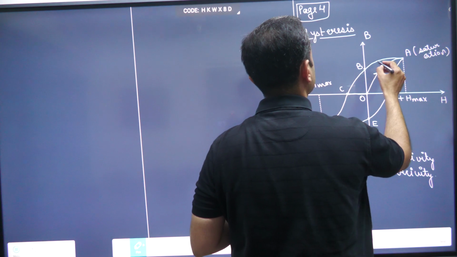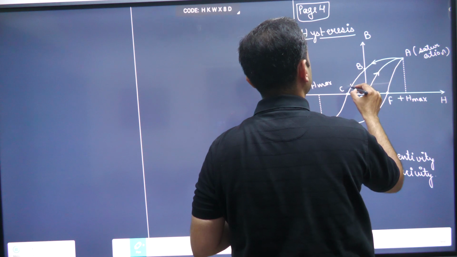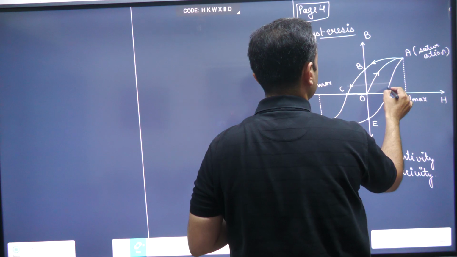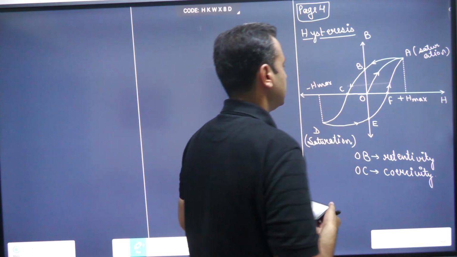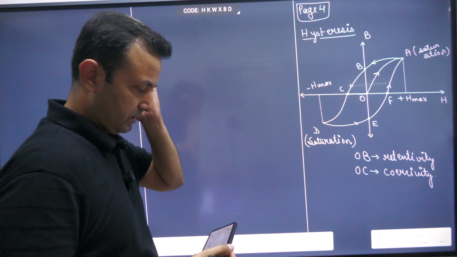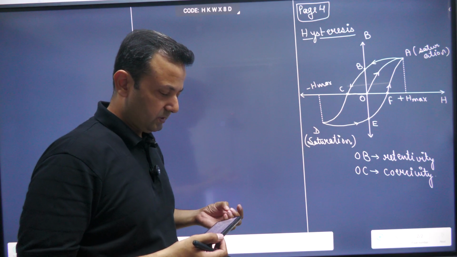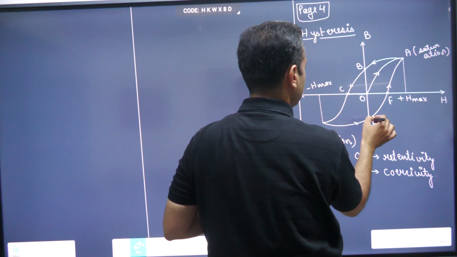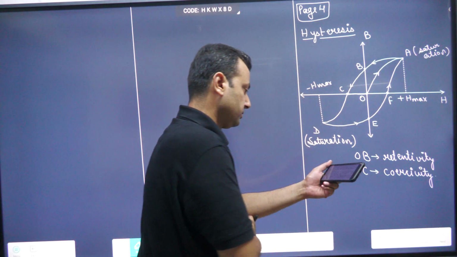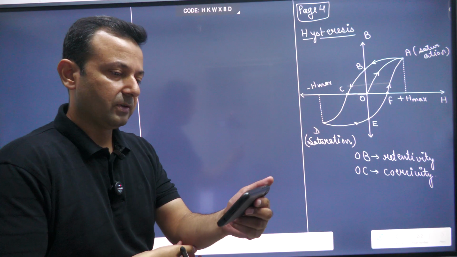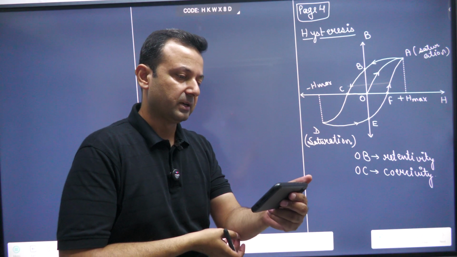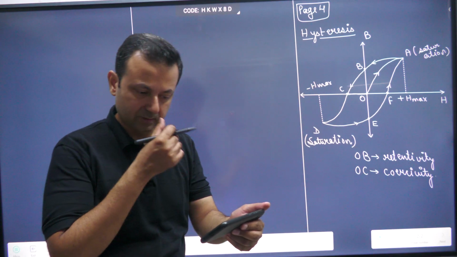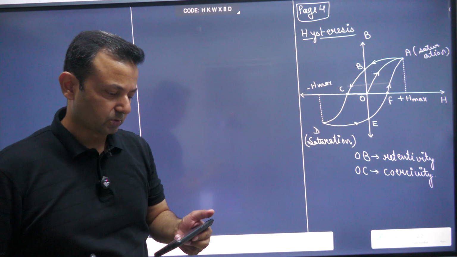Now we decreased H, and the magnetic induction also decreased. Then if we increase it again, it increases till point A. The closed curve ABCDEFA, which represents a cycle of magnetization of a ferromagnetic sample, is called its hysteresis loop.